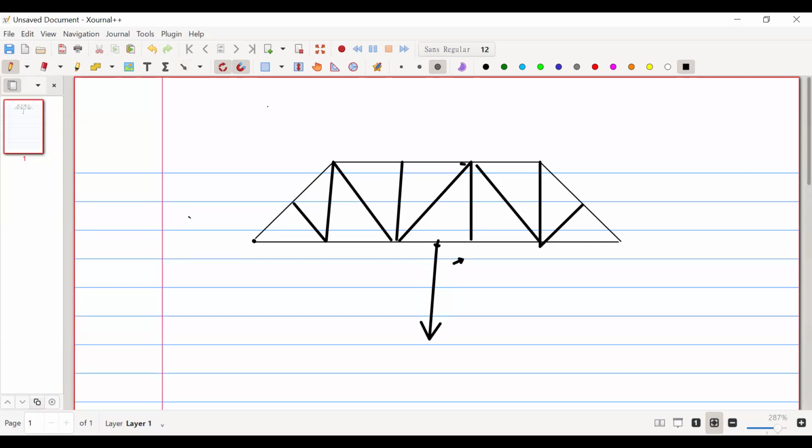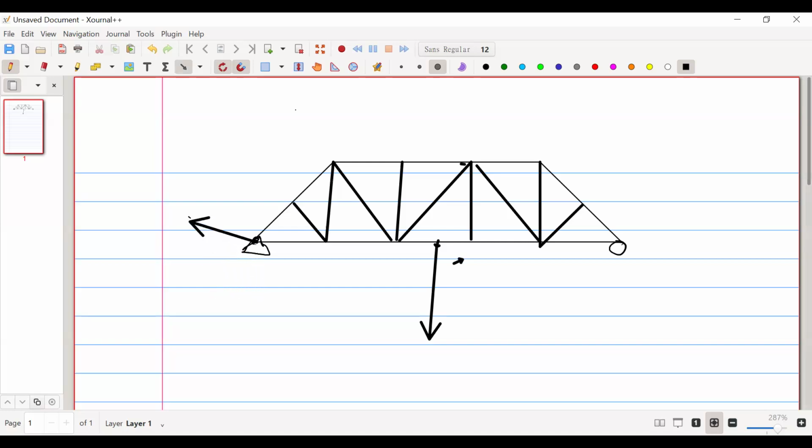You'll have a support of your bridge here. Your bridge has a pin joint here. It has a roller here. So typically, once it has a pin joint here, we'll just consider that it has one support here.